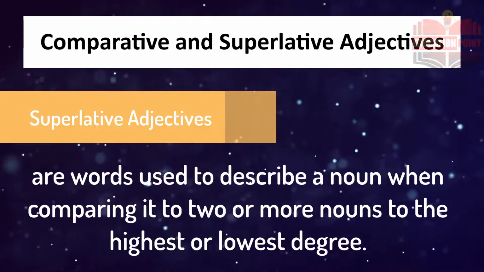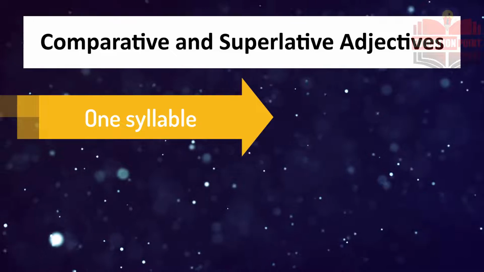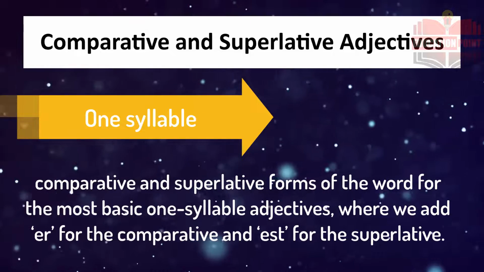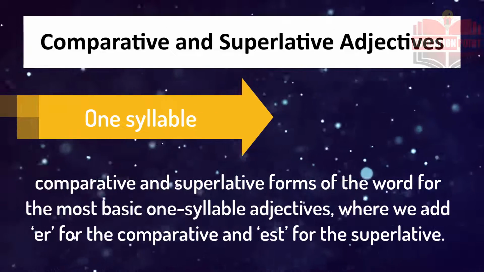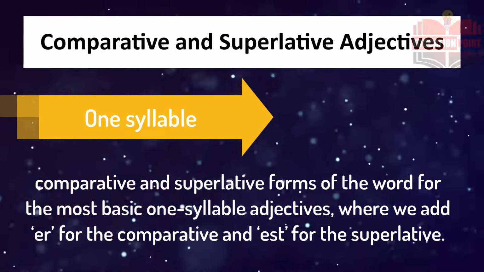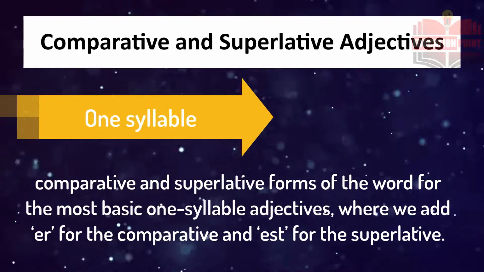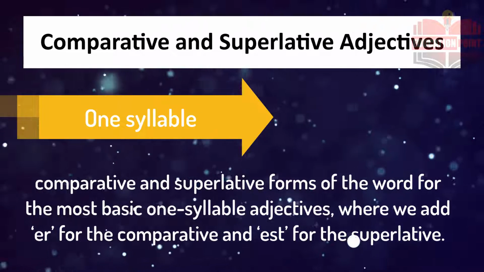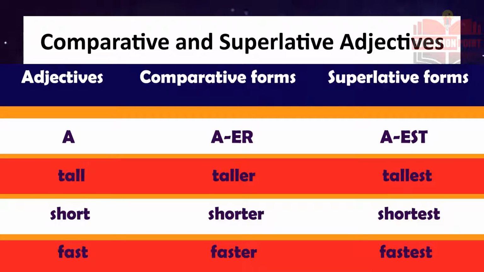So here we shall start with one-syllable adjectives, in which we shall study comparative forms and superlative forms. For the most basic one-syllable adjectives, here we add an ER for the comparative forms and an EST for the superlative forms. Example, we have these three adjectives: tall, short, and fast.